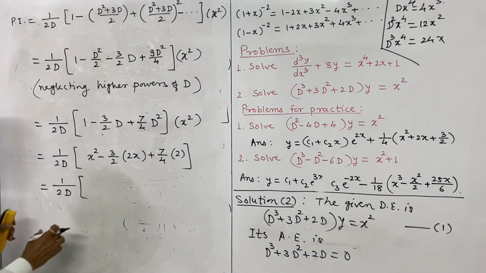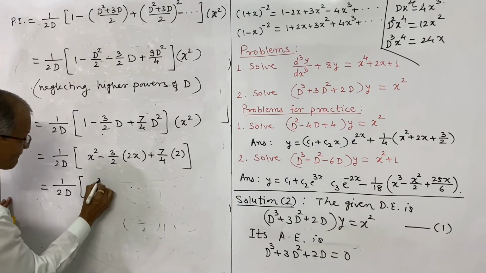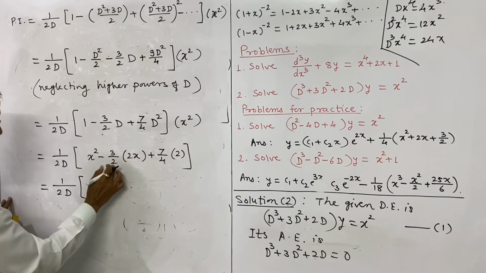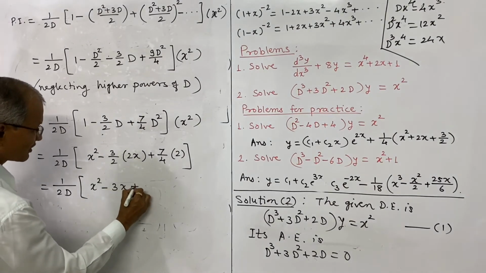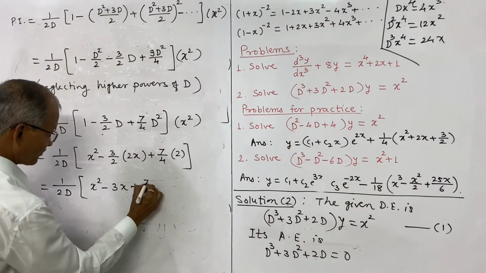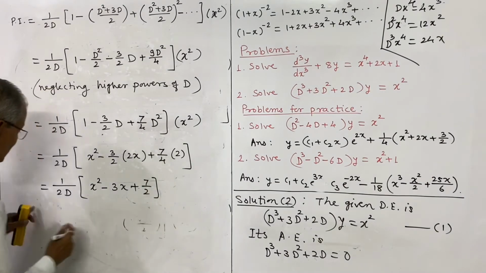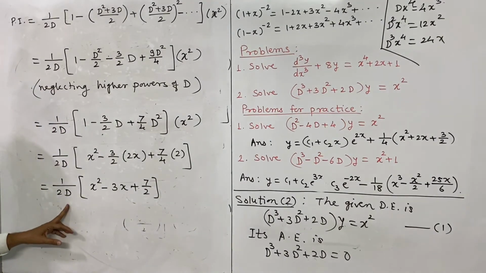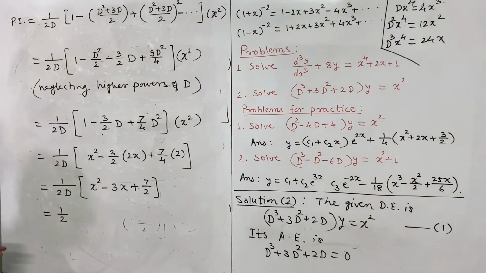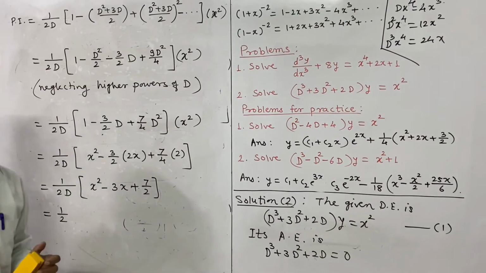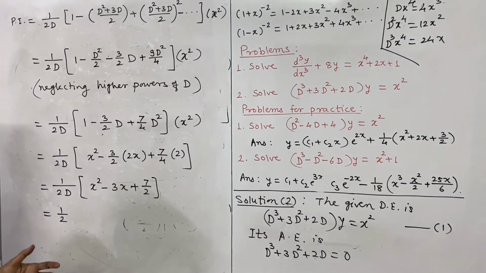Now we can write this as x square minus, this becomes 2 is divided out, 3x, and the last term is plus 7 by 2. But this 1 by d remains now, and we know that 1 by d is integration with respect to x. D is derivative with respect to x, 1 by d is integration with respect to x.